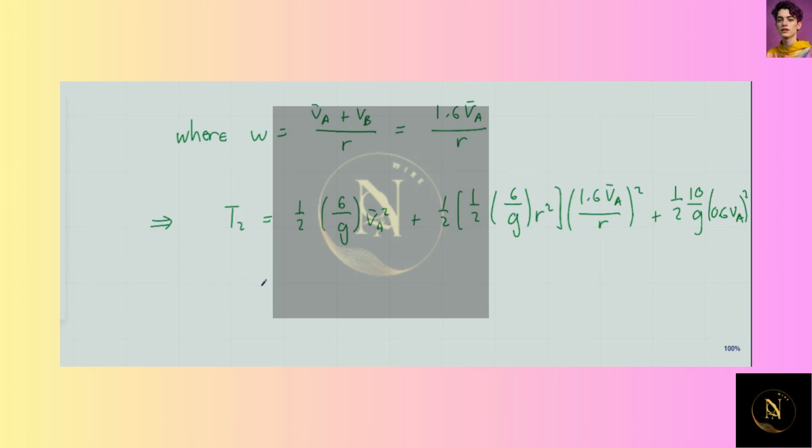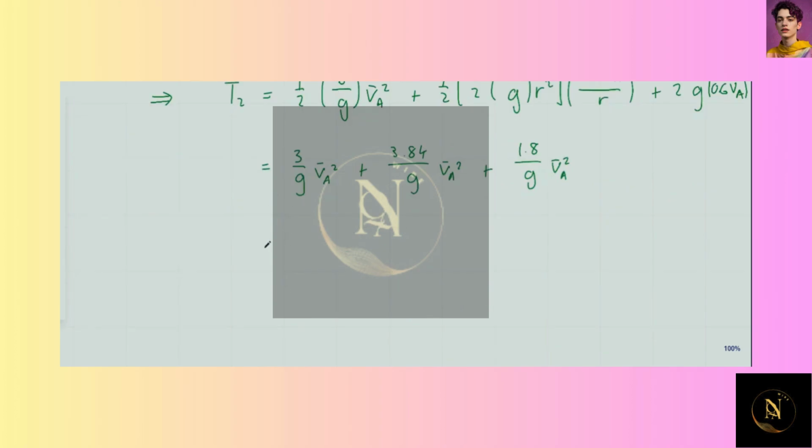And so this simplifies to 3 over G VA squared plus 3.84 over G VA squared plus 1.8 over G times again VA squared, and hence we get the kinetic energy of the system in state 2 in terms of VA to be 8.64 over G times VA squared. G is just the gravitational acceleration.